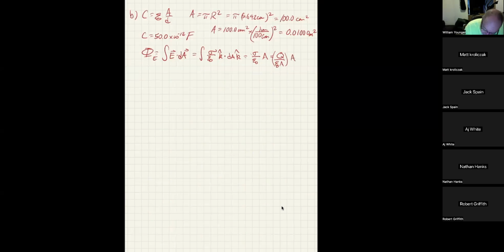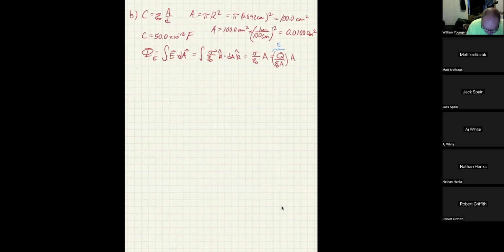I'm going to mark this off so I can remember that's E when I want to calculate the rate of change of the electric field. And then obviously the rate of change of the flux would be the derivative of all this.